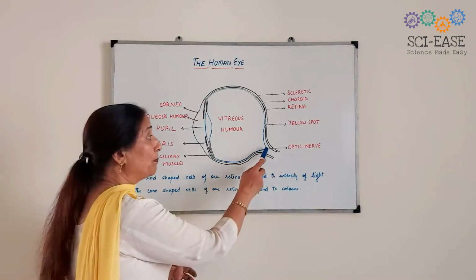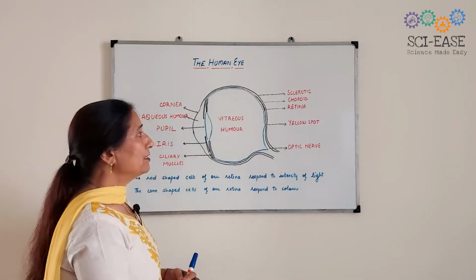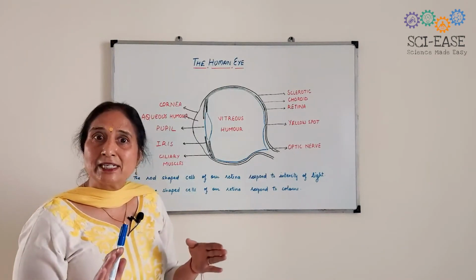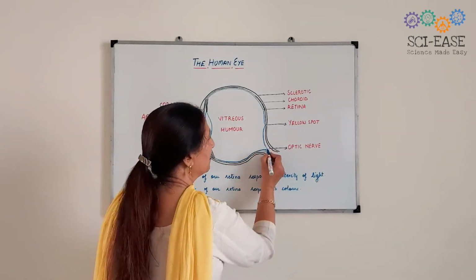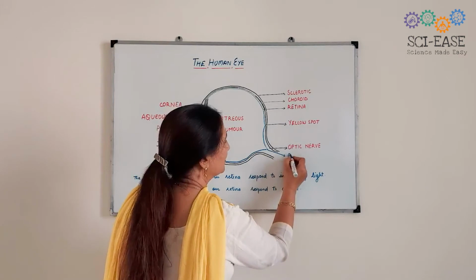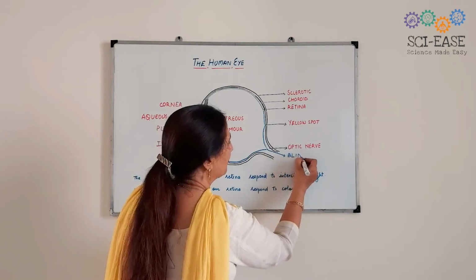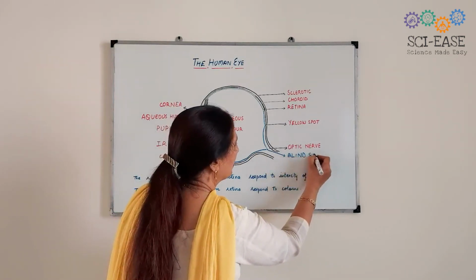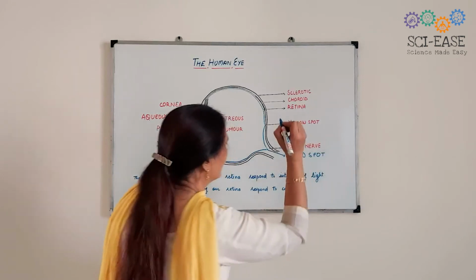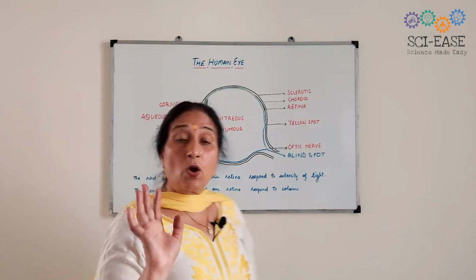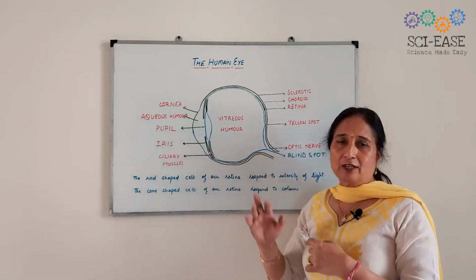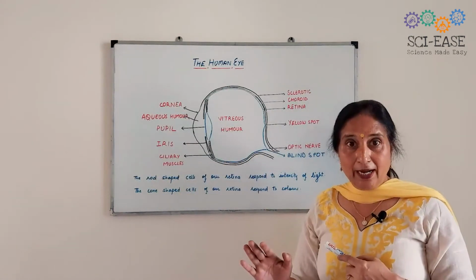And the point where there are no light sensitive cells is known as the blind spot. So, this is all about the construction of the human eye.